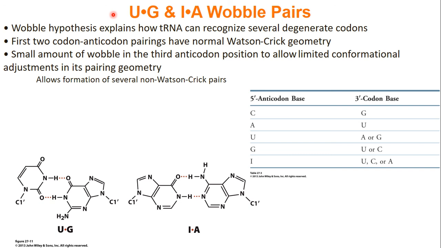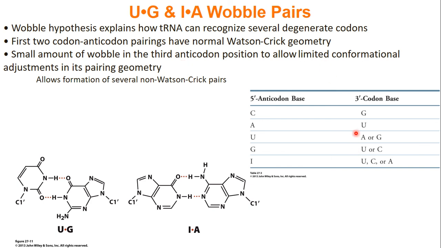And the way that this non-Watson-Crick base pairing happens is through the wobble hypothesis, which was actually proposed by Crick. This wobble hypothesis is that the first two codon-anticodon pairs have normal Watson-Crick geometry, while the third pair has some wiggle room, some wobble room, if you will, where you can have limited conformations that allow for these non-Watson-Crick base pairs.